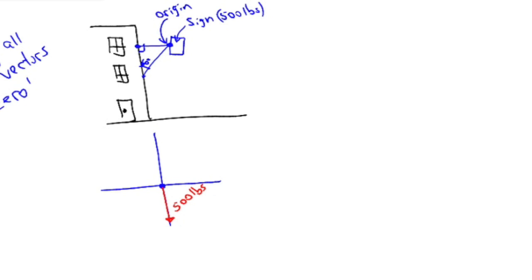Now that it's going straight down with a vector of 500, what would you consider it as, a ij or a component vector? What would its components be? It's 500 straight down.